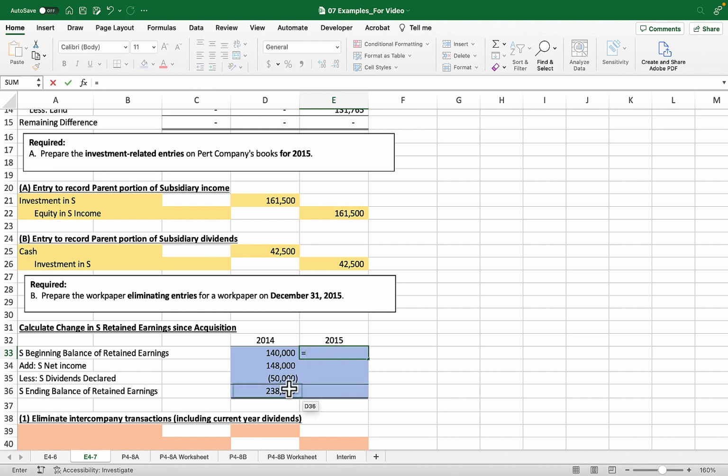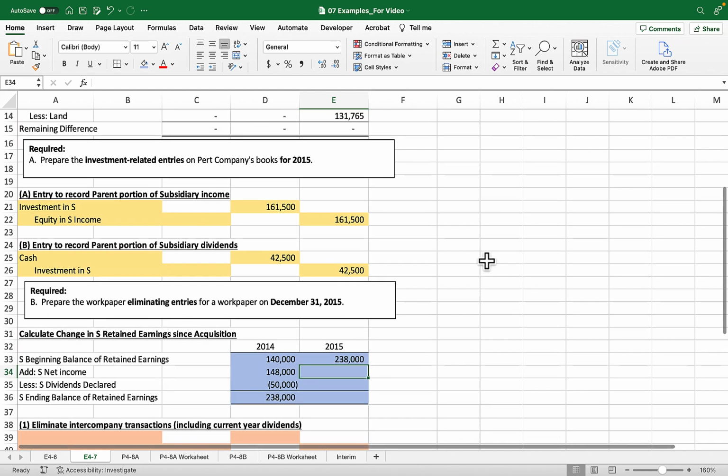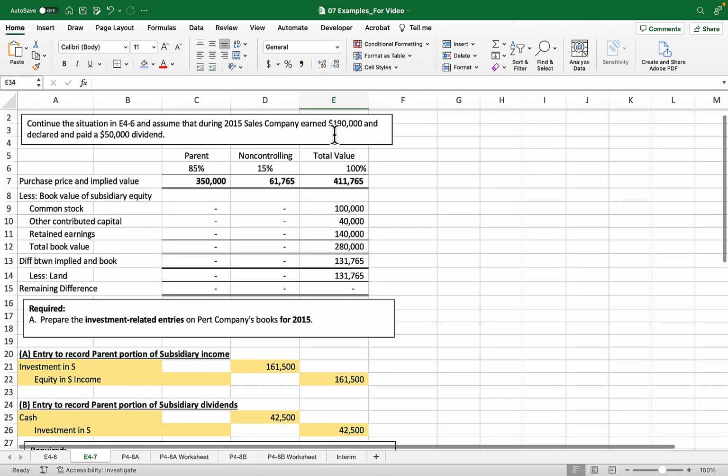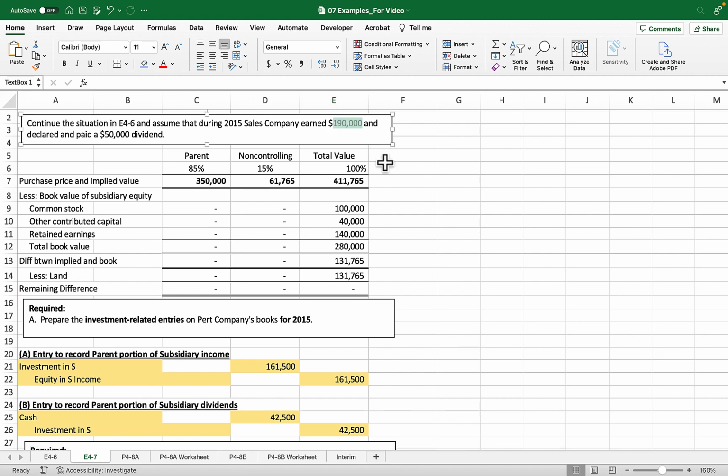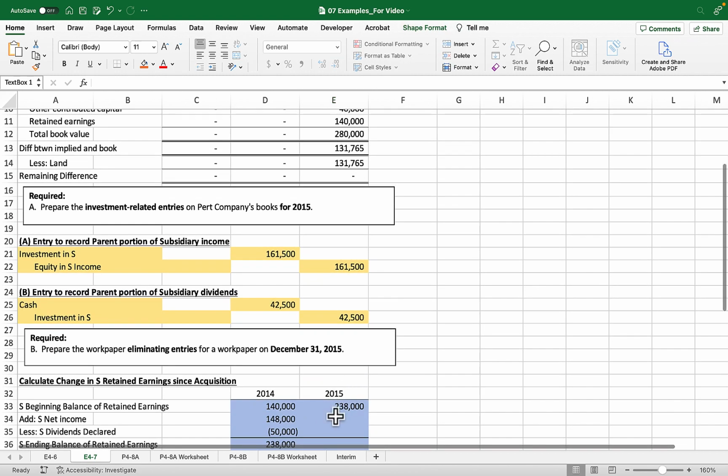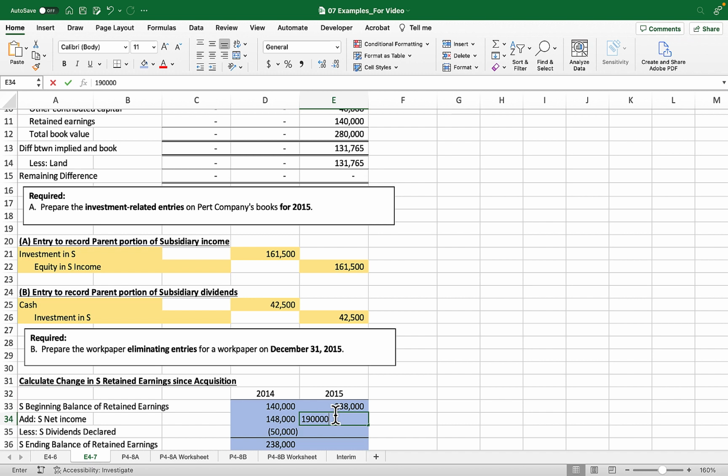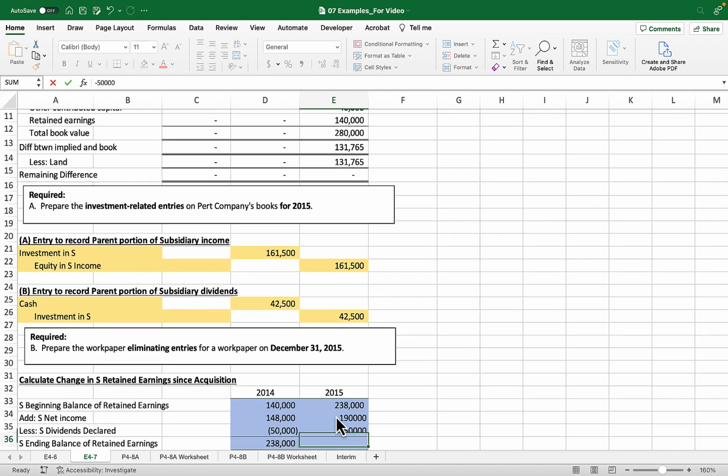Then our beginning balance for 2015 is going to be the same as the ending balance of 2014. And then here, again, they told us net income for this year was $190,000, and again, they issued a $50,000 dividend. So that's $190,000 for their net income and another $50,000 dividend.